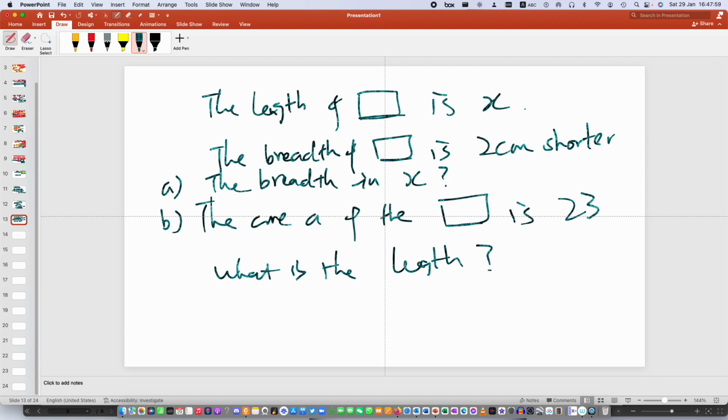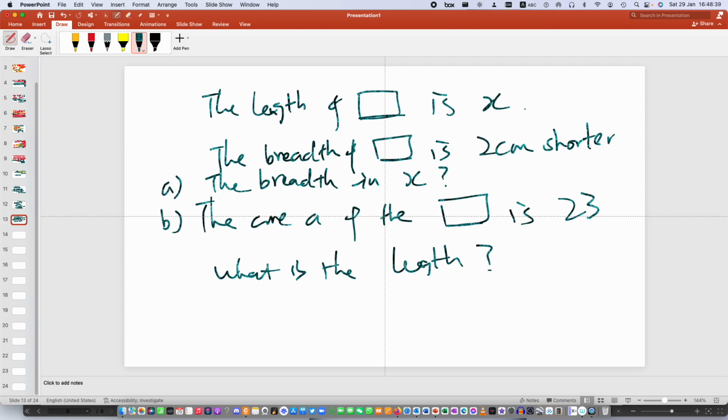So the difference is... Give yourself a simple sample. You can use a calculator. Okay, good. So you say the breadth. So how do you get the breadth? So B is equal to? Okay, good. 3 minus 2.